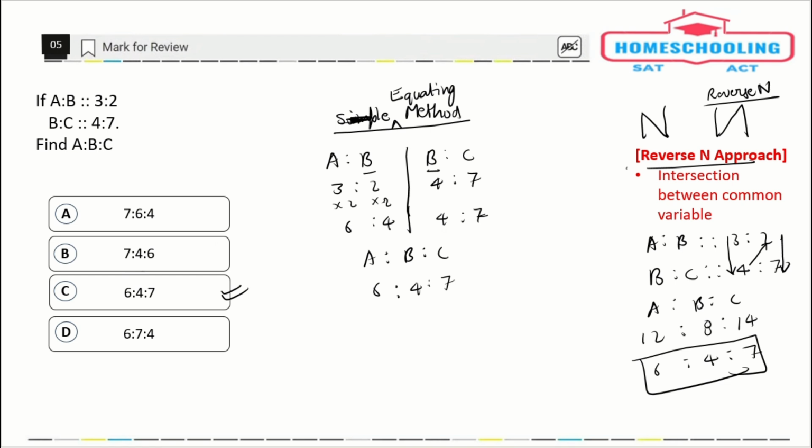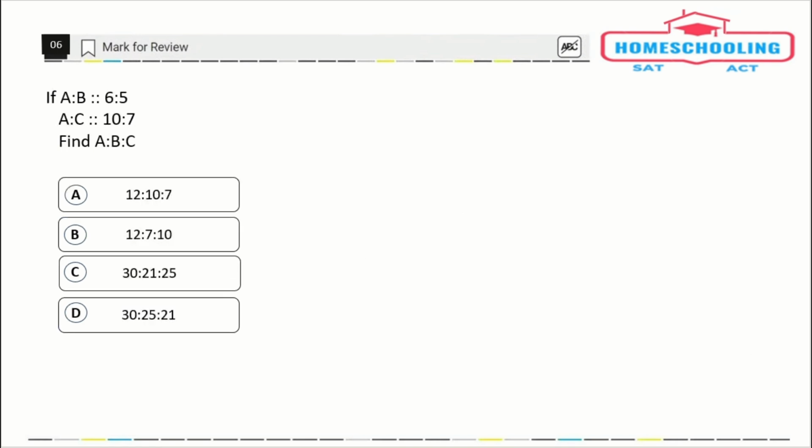Now moving to the next question, I would ask you to pause this video here and solve this question by yourself. Let me see whether you are able to solve it using the reverse N method.